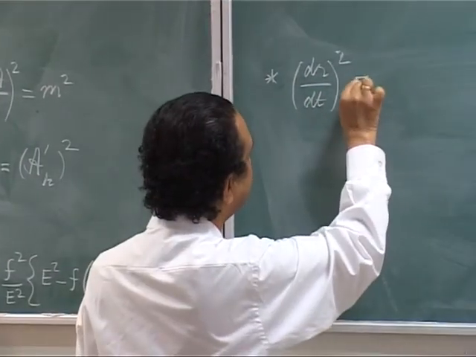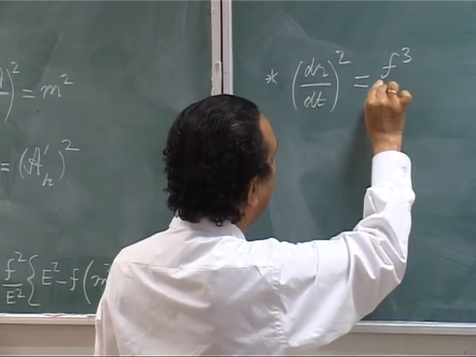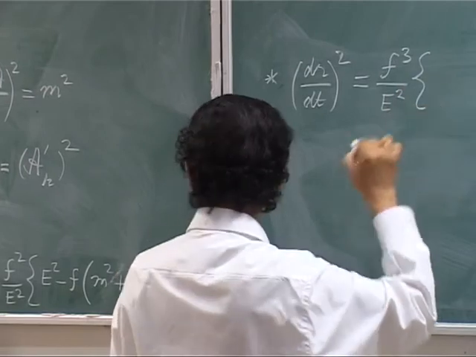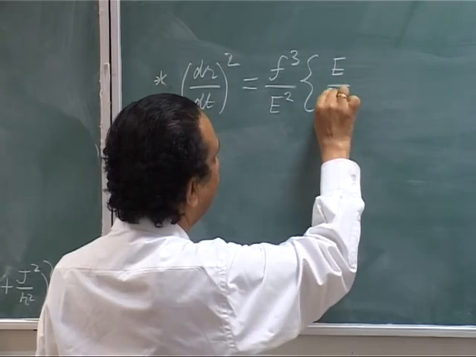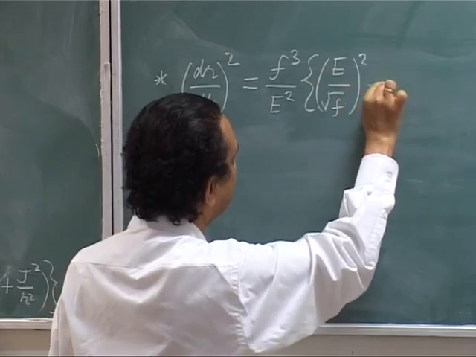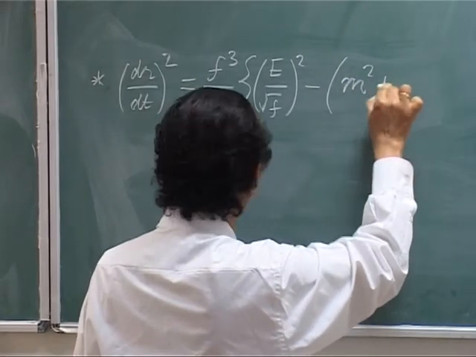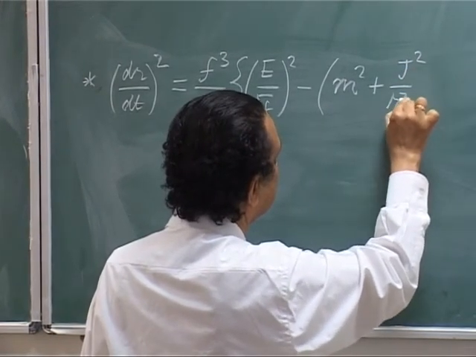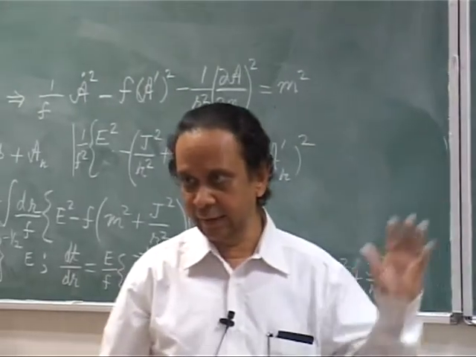So, it is equal to f cubed upon e square into e square by f, which I will write as e by root f the whole square minus m square plus j square by r square. Okay. I have not changed anything.